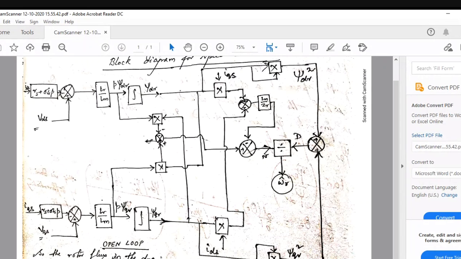Phi dr, P phi QR, minus phi QR, P phi dr, minus Lm by Zr into phi dr IQS minus phi QR IDS, divided by the whole thing, phi dr square plus phi QR square. Very good. So that expression is only expressed over here.